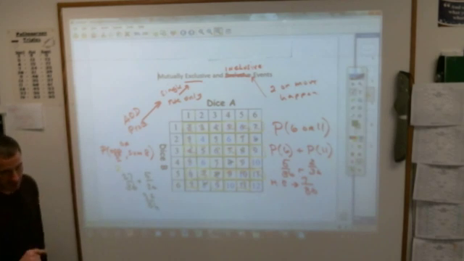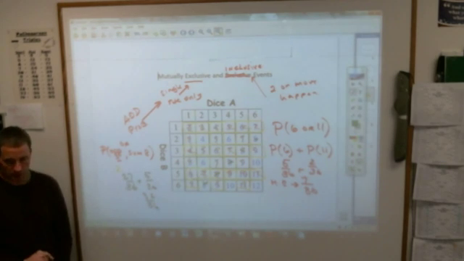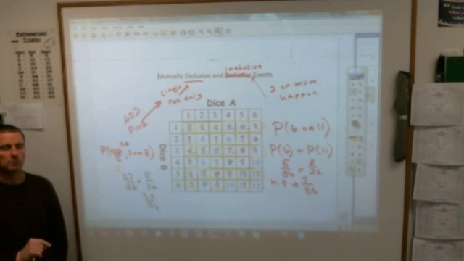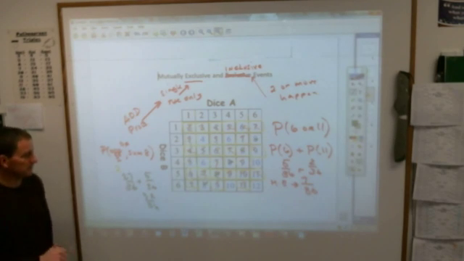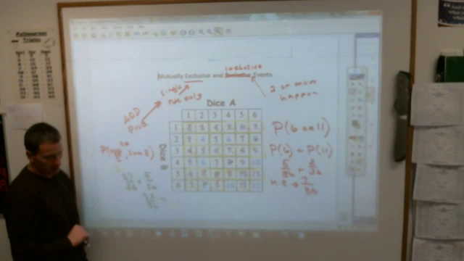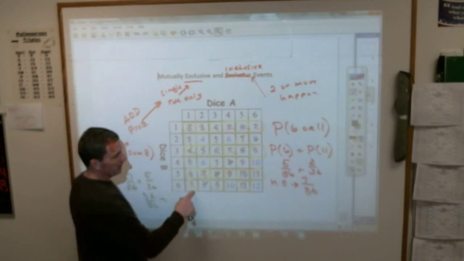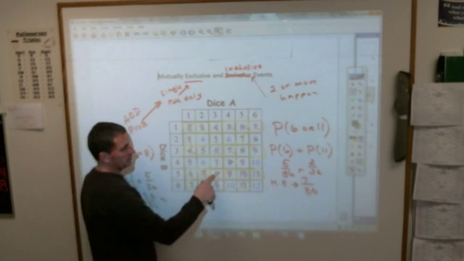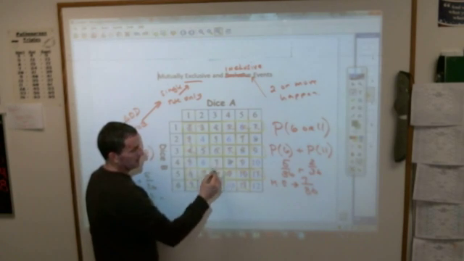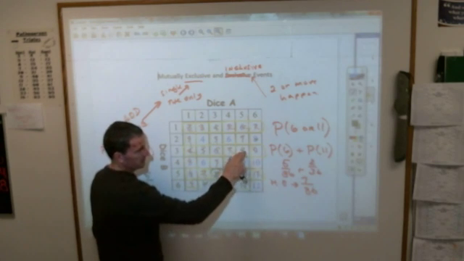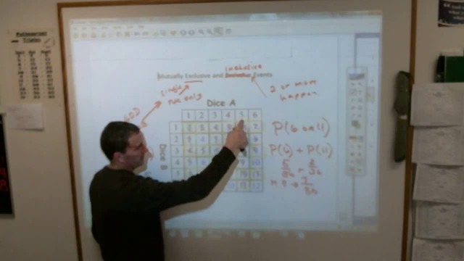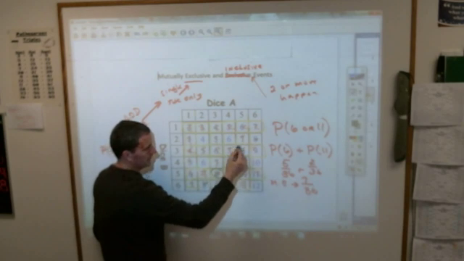But here's the deal. This is what makes it different, children. You must subtract from this the overlapping times, because you can't count them twice. In other words, if you look, where is there green and orange on one thing? This happens both with the odd numbers and the sum of 8.